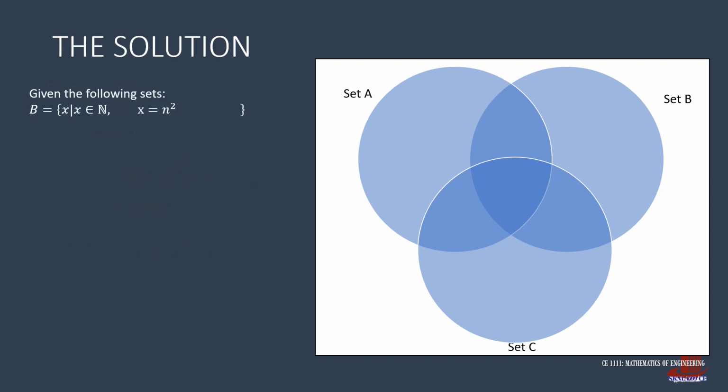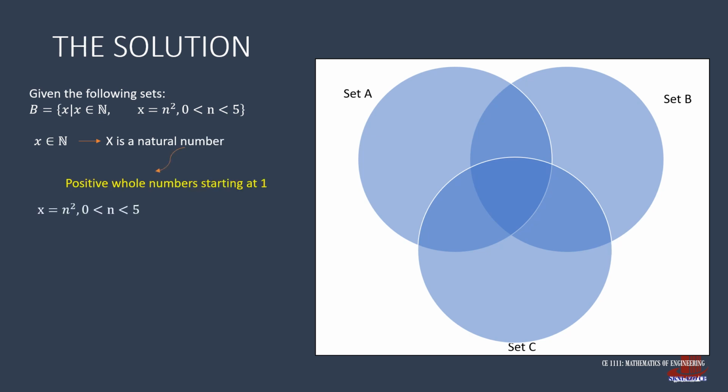Set B is again a collection of natural numbers, and this time, the next condition provides a formula stating x is the square of n, and n was limited from 0 to 5 exclusive. That means that n is equal to 1, 2, 3, and 4. Now we compute for x.